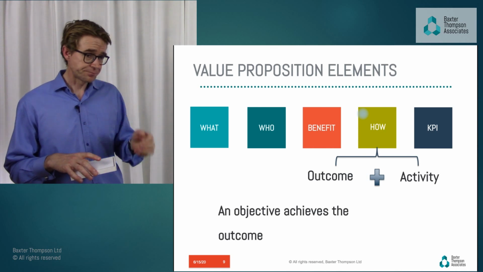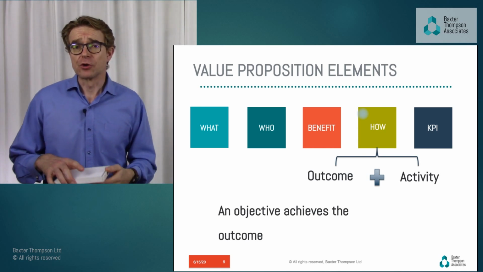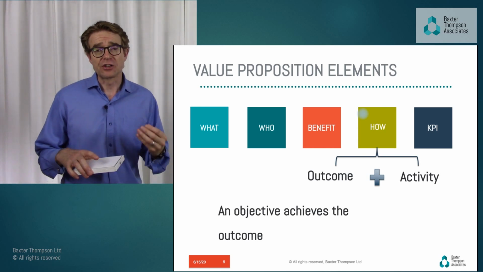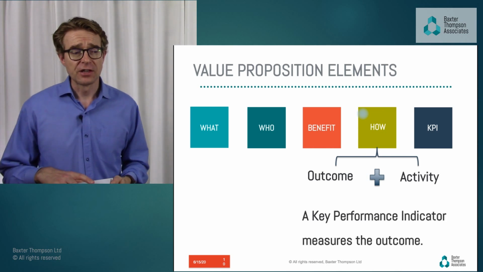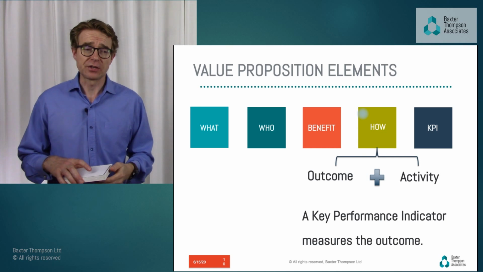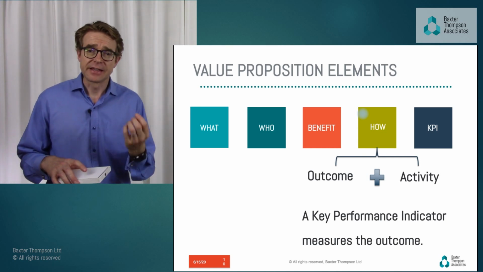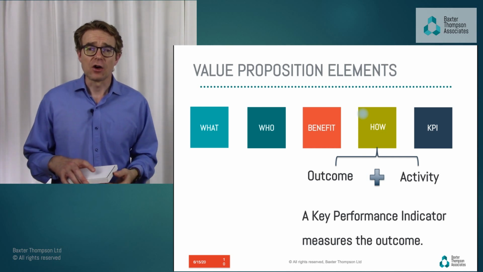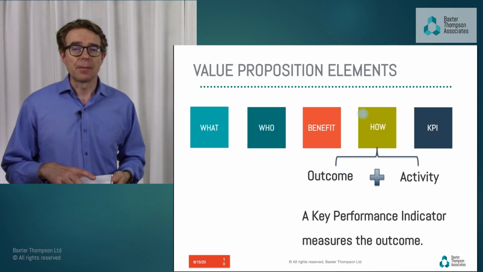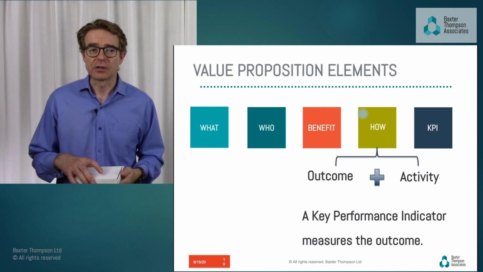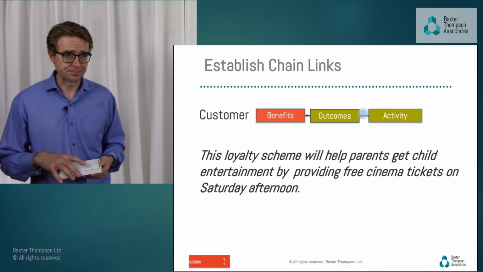So, for example, if we have an objective, then that is achieving the outcome. And if we have a key performance indicator, that actually measures the outcome. So getting the outcomes defined are really extremely important to maintain the integrity, so to speak, of a value proposition.